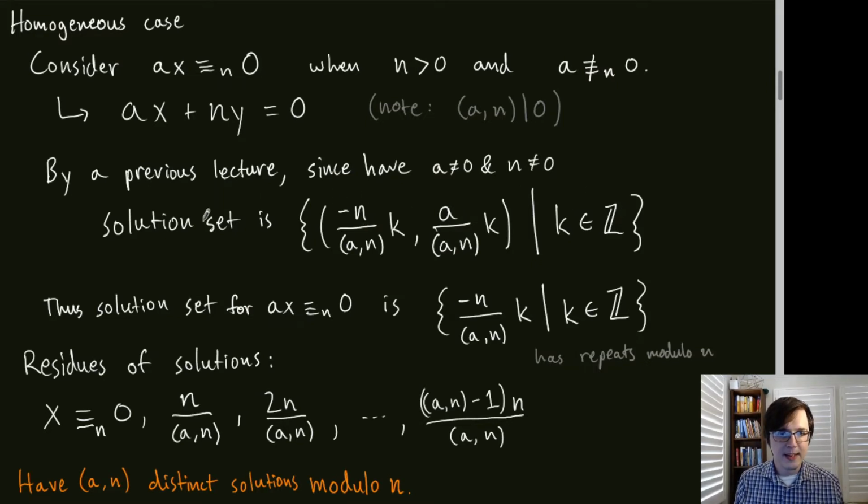And so, since we only care about x, we'll throw away y. And so the solution set to this homogeneous linear congruence is the set of all negative n over the GCD of a and n times k, where k ranges over the integers.